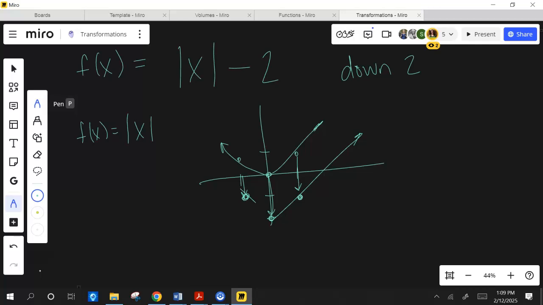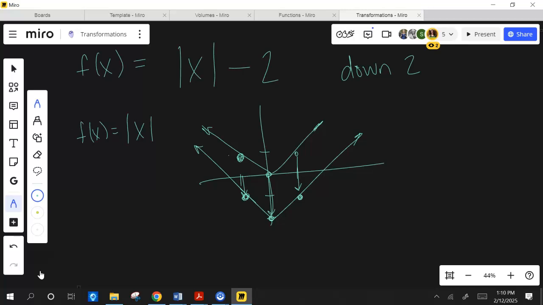You graphed it, yeah. So easy. I'm glad you think so, Sawyer. Shh, listen. You move this one down because it's subtracted.